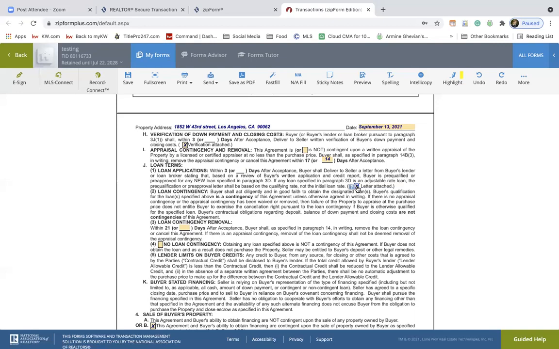Have you done a credit check? Have you verified the source of down payment? And their debt to income ratio. We all know there are lenders, friends, who will just write an approval letter without having any of those things.